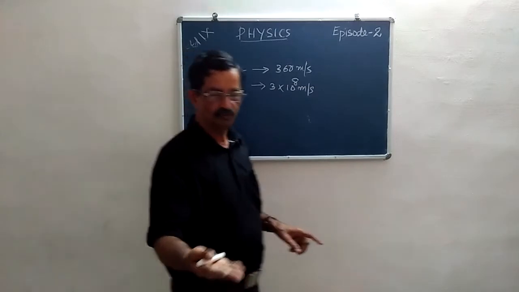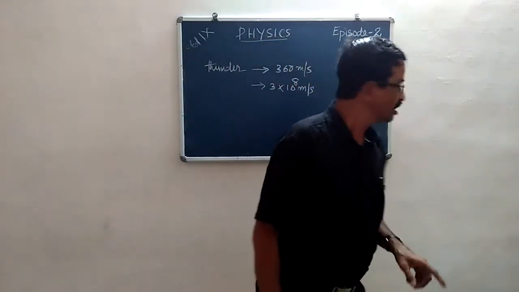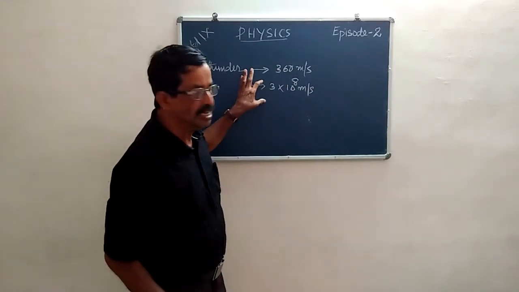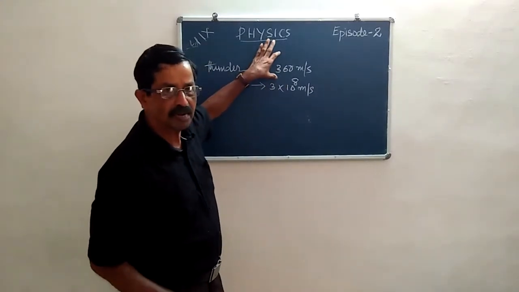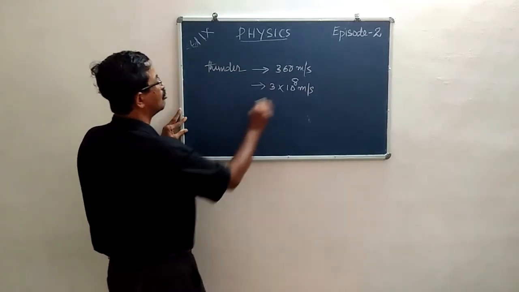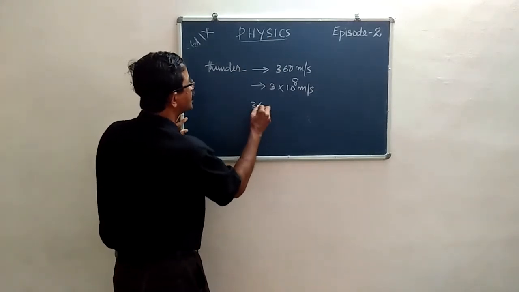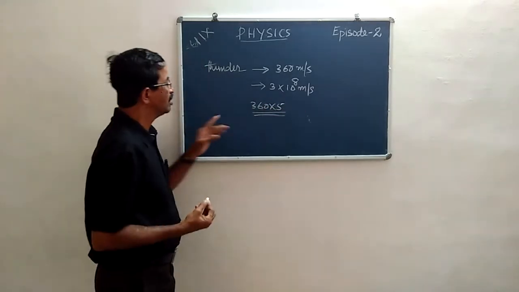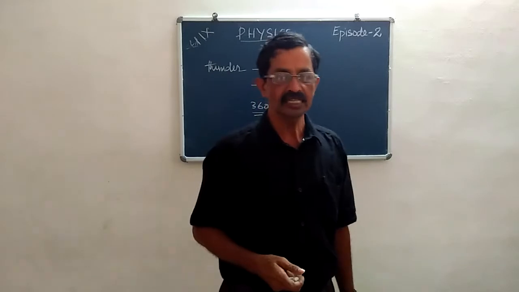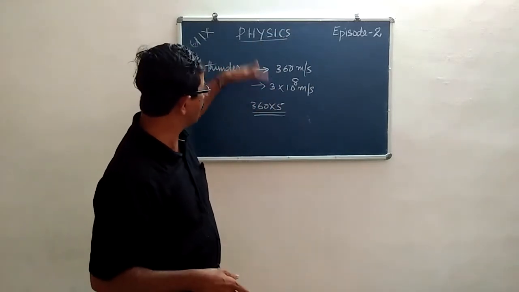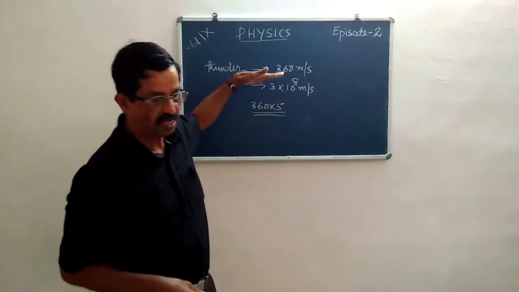Suppose we observed the lightning, then the thunder occurred after, say, 5 seconds. Then the distance can be calculated by using 360 into 5. That shows the distance from where the lightning and thunder happen. This way we can calculate it.